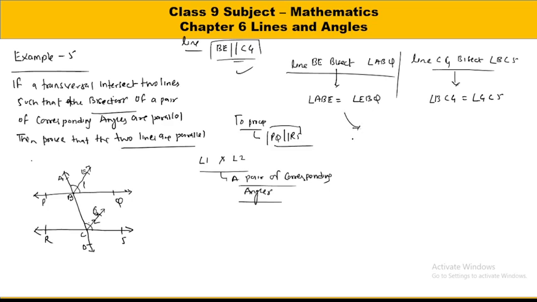Now, in this, we can write down that angle ABE is half of angle ABQ. Similarly, angle BCG is half of angle BCS.